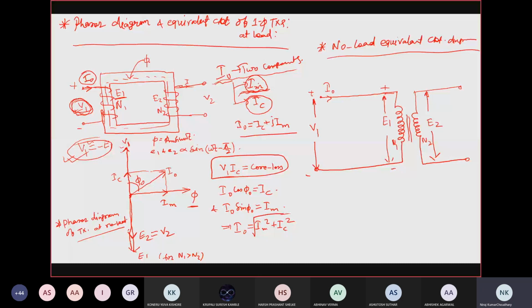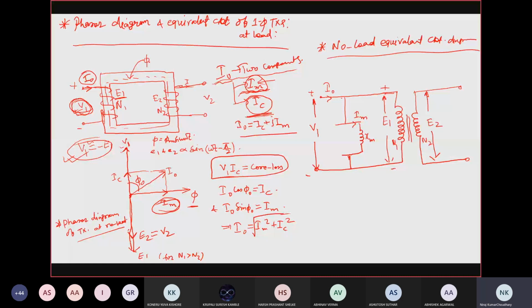Now another component of no load current I naught is IC, right? So you know that IM is inductive current, and what about this IC? This is in phase with the applied voltage V1. It means that it is a resistive current, that is current flowing through a resistor.